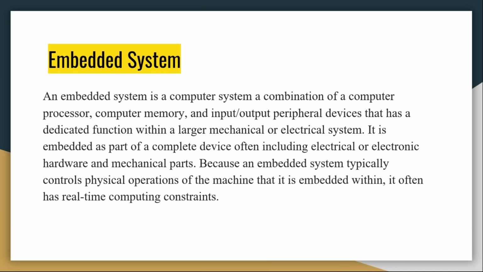An embedded system is a computer system, a combination of a computer processor, computer memory, and input-output peripheral devices that has a dedicated function within a larger mechanical or electrical or electronics hardware and mechanical parts.